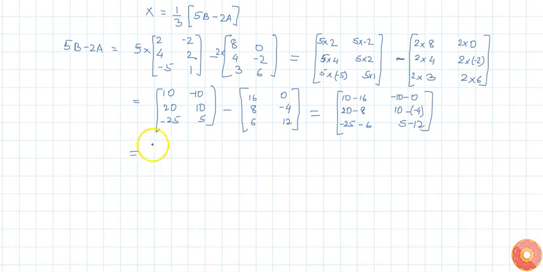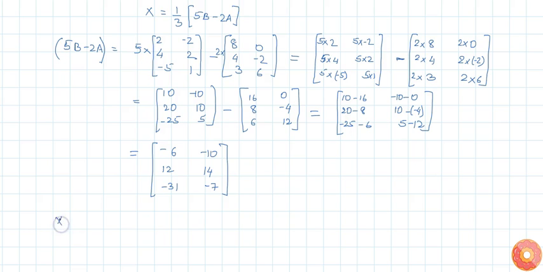This will be minus 6, minus 10, 12, 14, minus 31, minus 7. We got the matrix 5B minus 2A.